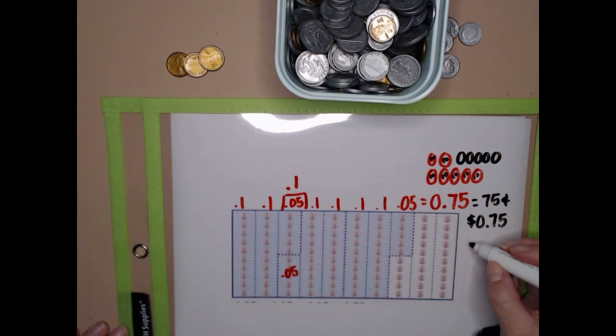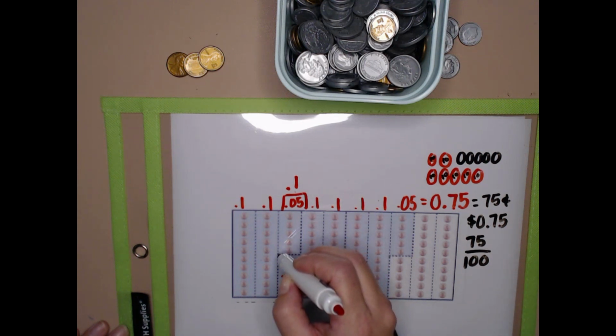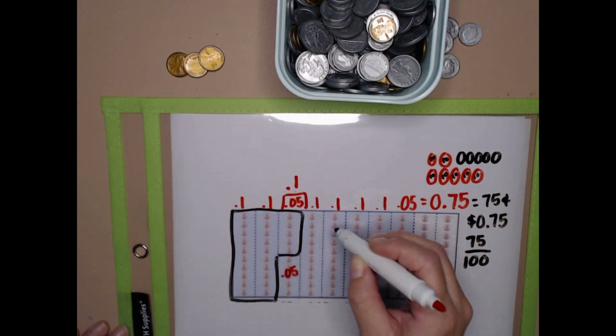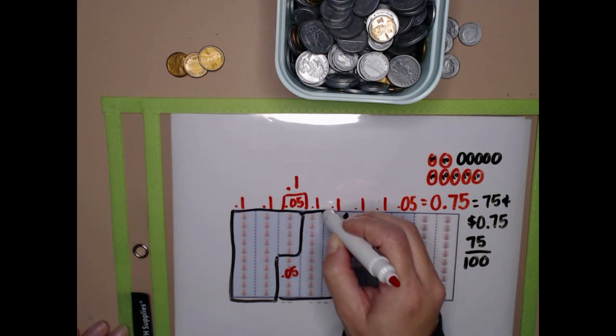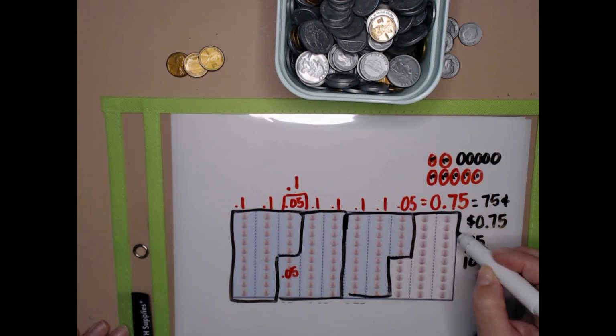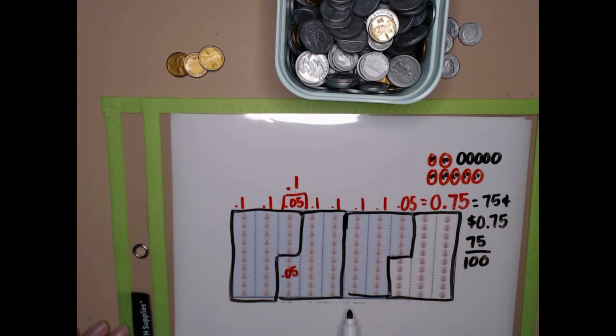I could also write it as a fraction, 75 hundredths. I could also write it as another fraction if I look at my equal parts once again. How many parts are shaded now? 1, 2, 3.